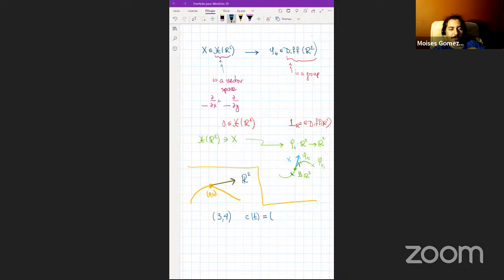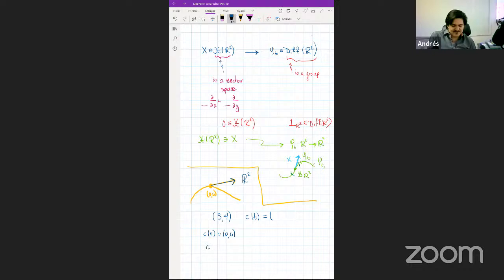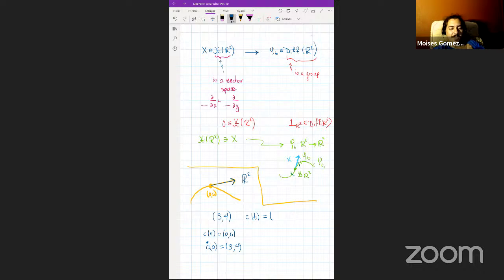Whatever curve satisfies that condition. There are many, for example. So give me an example of one. You want the curve at 0 to be the origin. Yes, let's say the line (t, t). But hold on, what about the derivative?